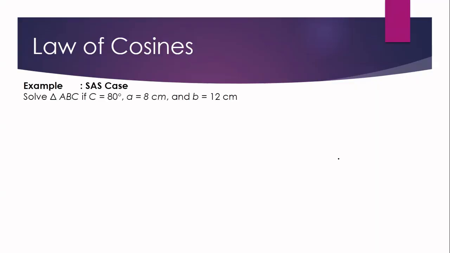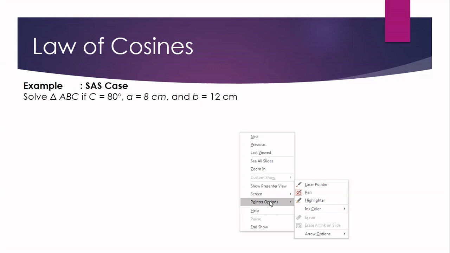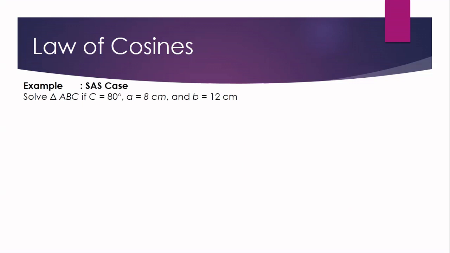Now, let us have our example here. Let's have a SAS case. You are going to solve triangle ABC if angle C is 80 degrees, side A is 8 centimeters, and B is 12 centimeters. Now, let us try to draw our triangle so you can see that indeed it is SAS. Suppose we have here triangle ABC.